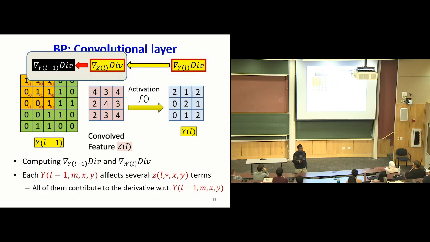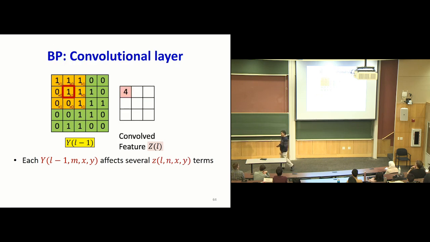This bit is where we have to begin taking a close look. Again, here we know that each y in this map affects several z positions. So all of them will go back and contribute to the derivative with respect to that y. Let's consider this particular y.